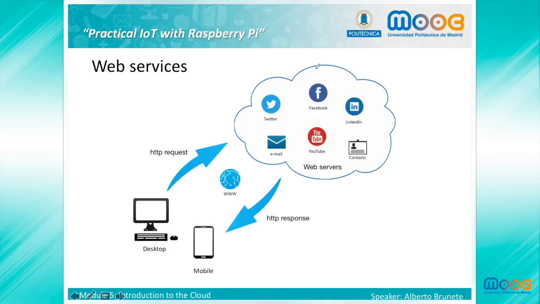A web service is just a web page meant for a computer to request and process. A web service is a service offered by an electronic device to another electronic device, communicating with each other via the World Wide Web.